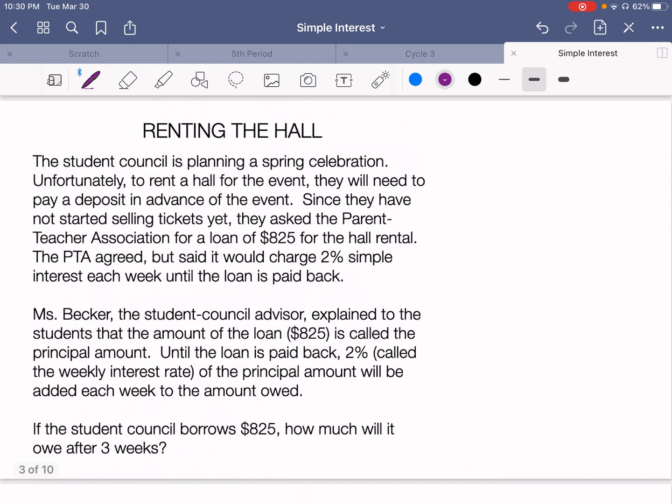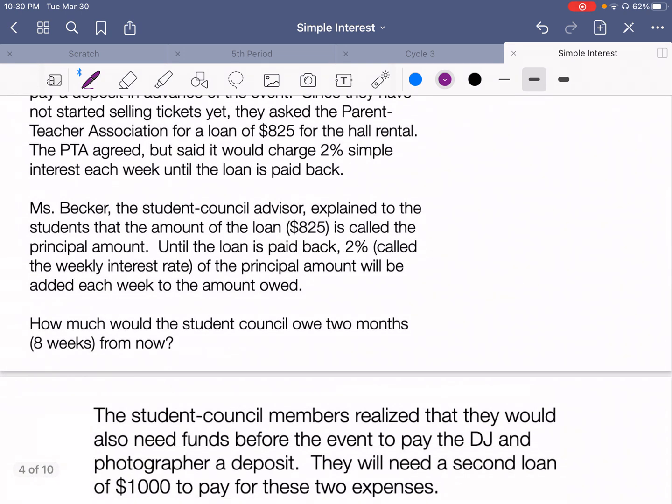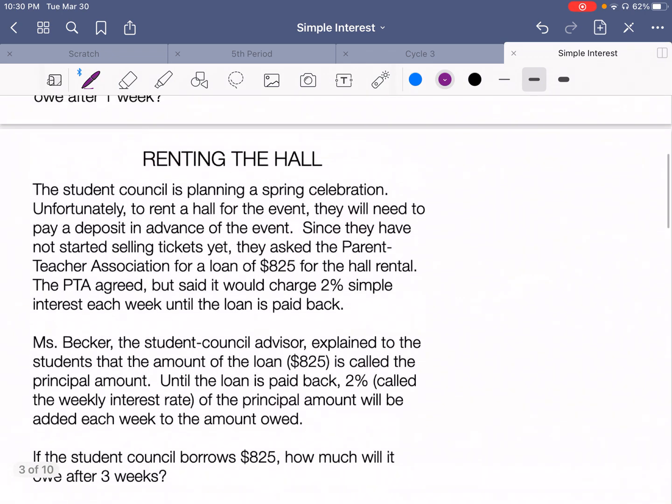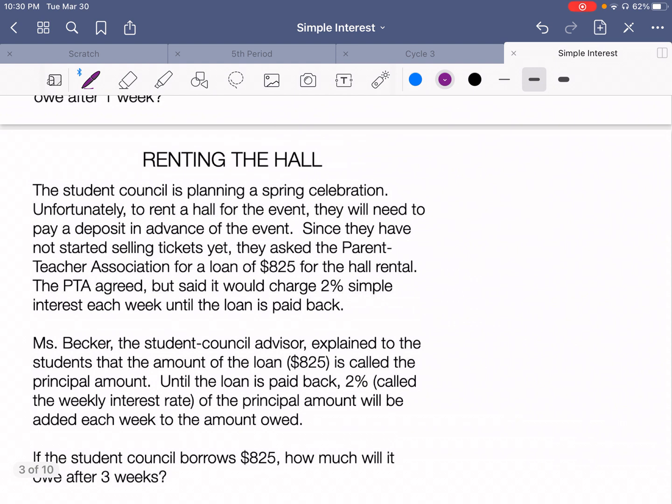All right. Now, how much will it owe after 3 weeks? And then it goes to 8 weeks, right? So you can kind of see hopefully where this is going. For 3 weeks, it's 825 plus 16.50 plus 16.50 plus 16.50.